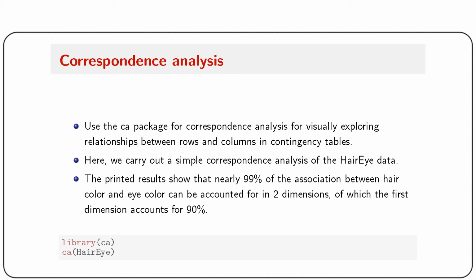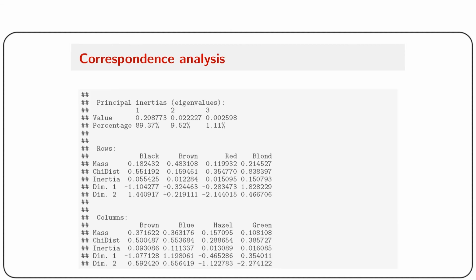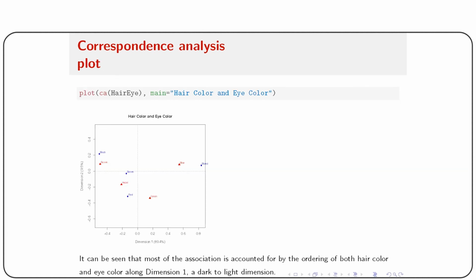If you see the results, you can just call ca and pass the table, and you will get the eigenvalues and the corresponding mass, chi-square distance, inertia, dimension 1 and dimension 2, and this way you will get all the information. And finally, if you need the plot, pass the CA object within plot, and that will give you the plot.